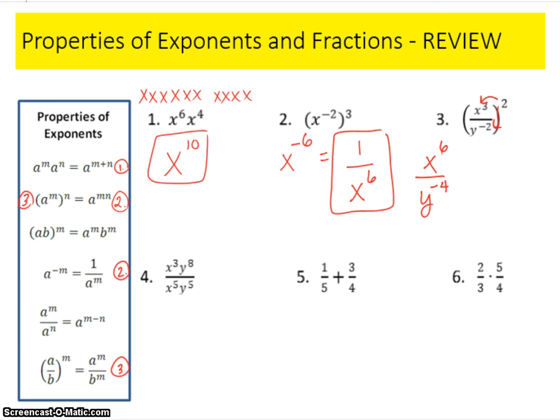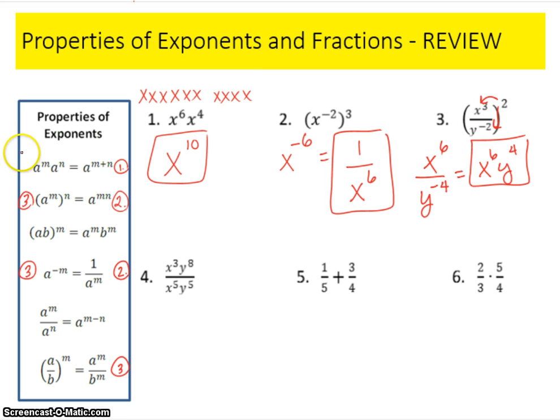And then once again we're going to use our negative exponent rule, which says since it's on the bottom we move it to the top. X to the 6th stays where it is because there's no need to simplify that. Y to the 4th comes up to the top. There's nothing on the bottom anymore, so we just have x to the 6th, y to the 4th.